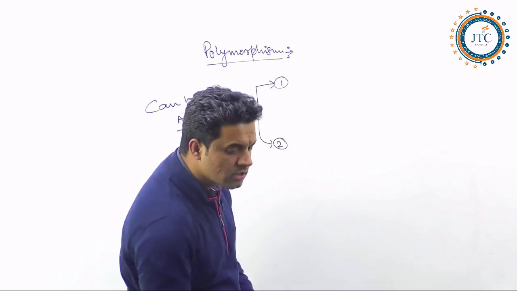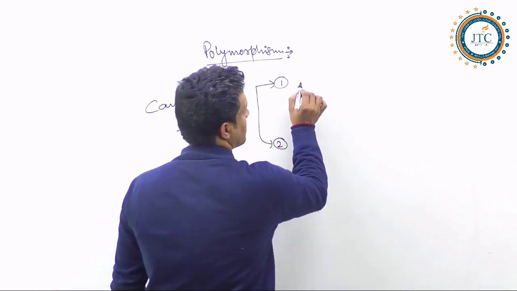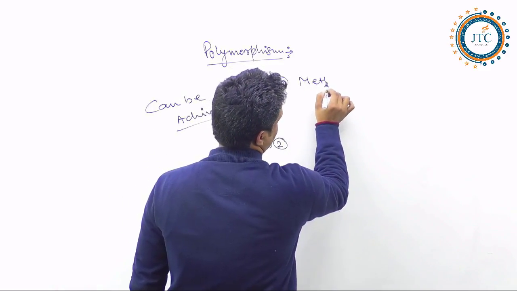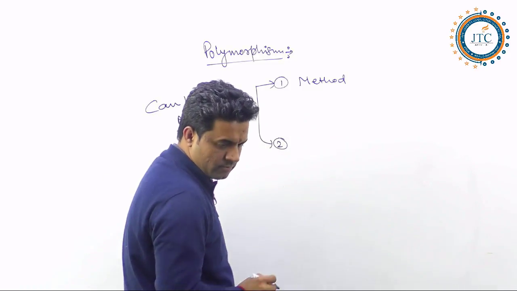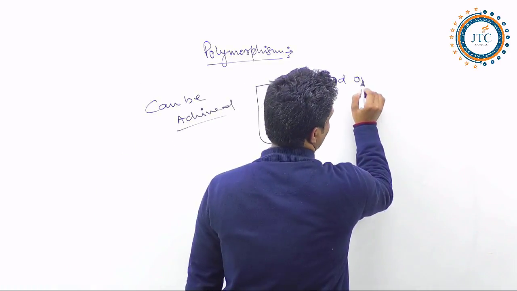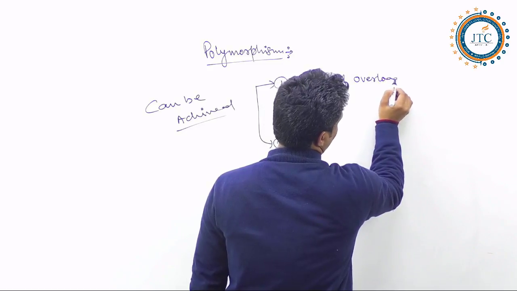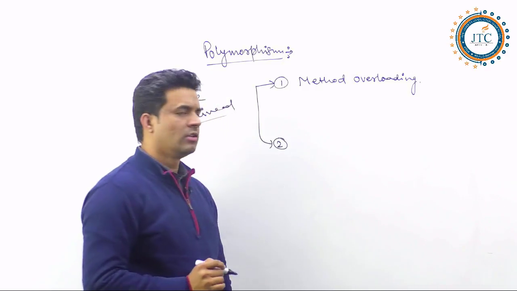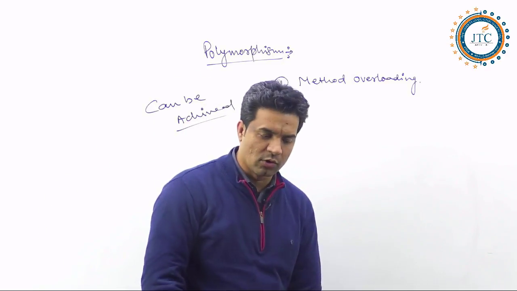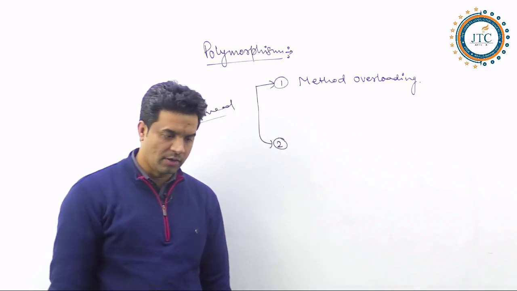The one is method overloading. The one I am saying is method overloading. We are calling it polymorphism, correct?